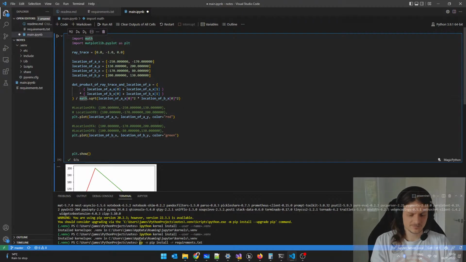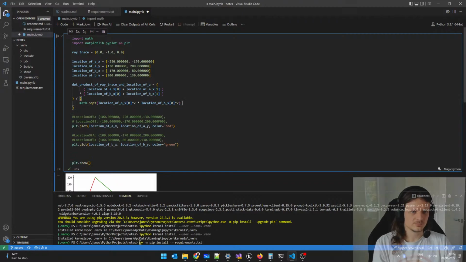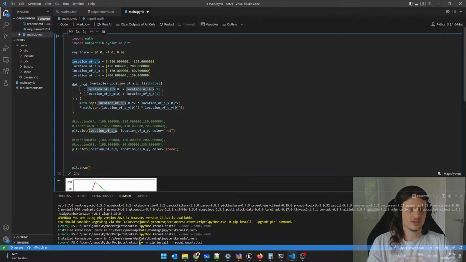Let's kick this onto a new line. Math.square root of b. No, sorry. Y. And this one doesn't look right now, so it's actually this. That's it. Okay.